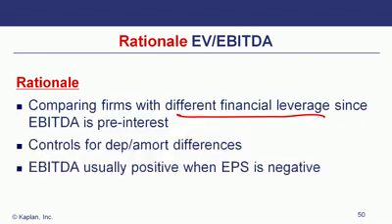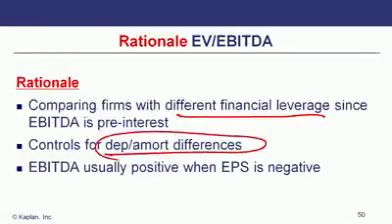Given different levels of financial leverage, this allows us to control for large differentials in interest, and it controls for depreciation and amortization, which are non-cash charges. This is pre-depreciation and amortization. And one of the biggest reasons is EBITDA is usually positive when EPS is negative because of the depreciation and amortization, the interest and taxes. Those are not pulled out. So it's the earnings before you take out those particular items.